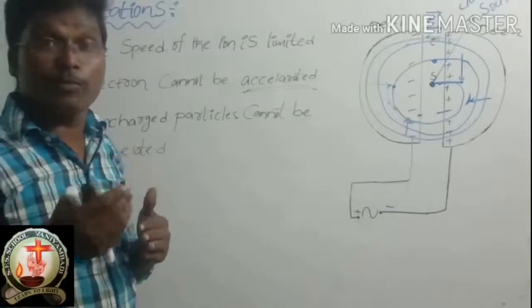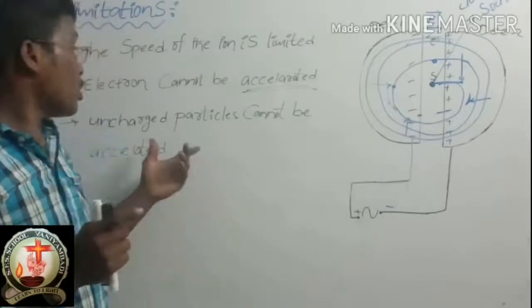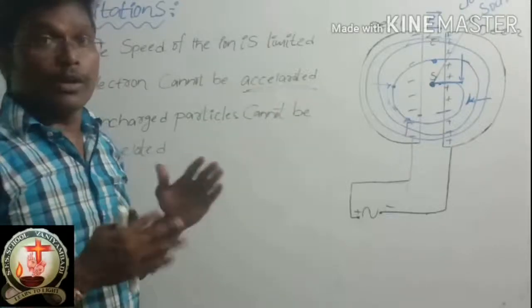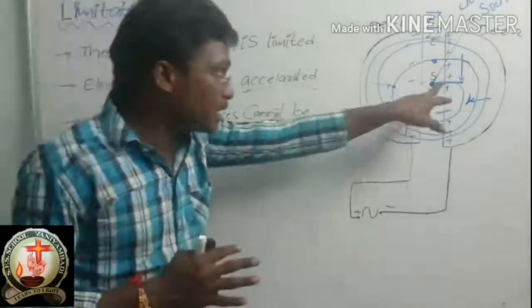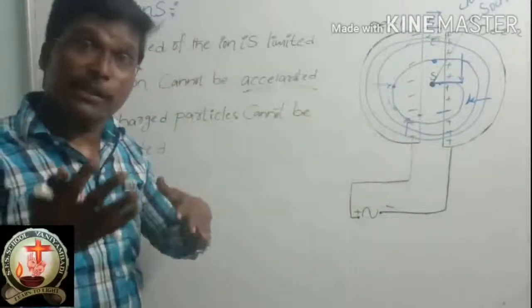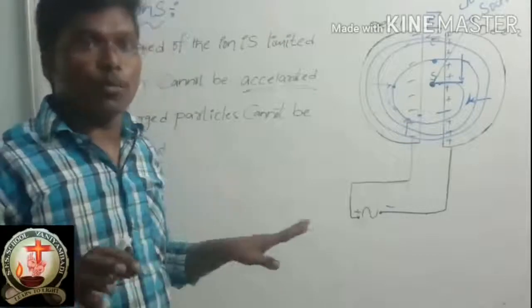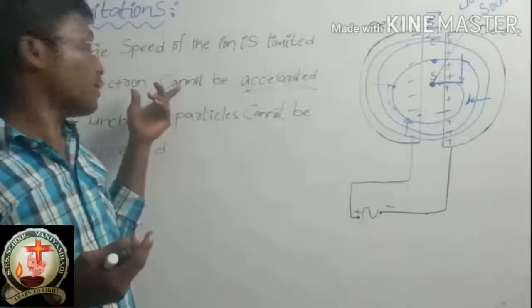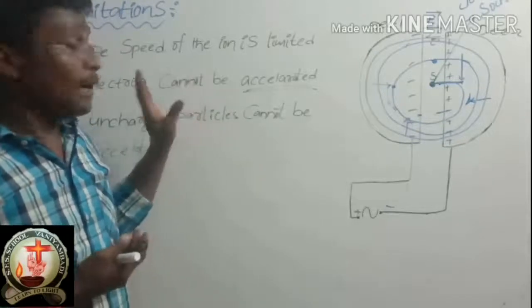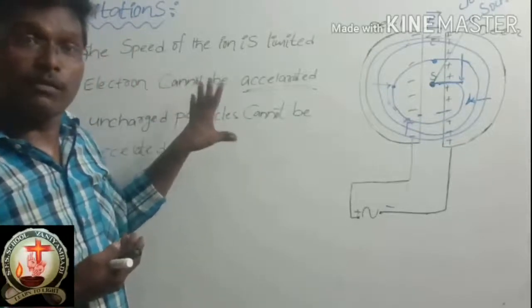So uncharged particles also cannot accelerate in the cyclotron. Remember, only positive charged particles will move in the cyclotron. Negative charged particles, which means electrons, and uncharged particles cannot move. So these are the limitations of the cyclotron.